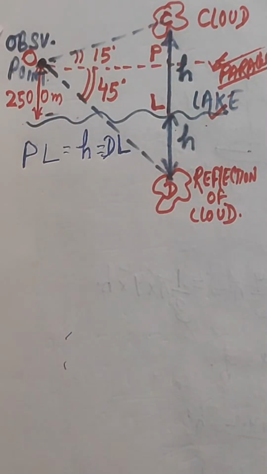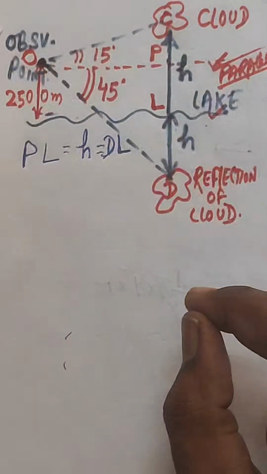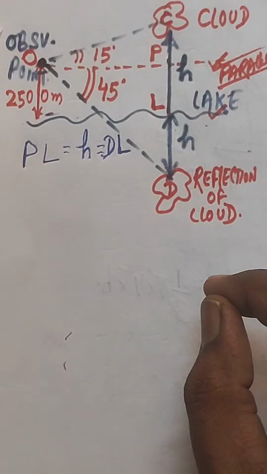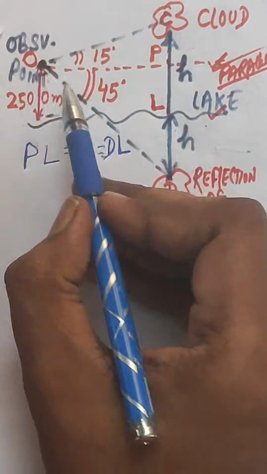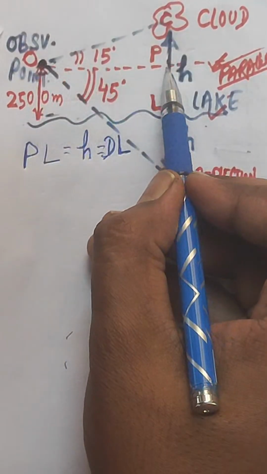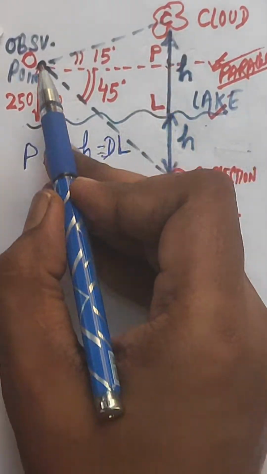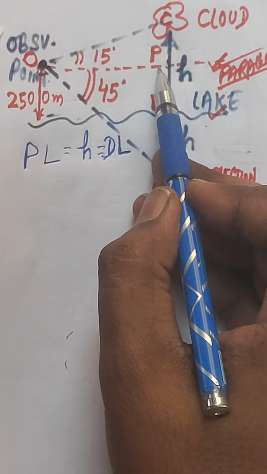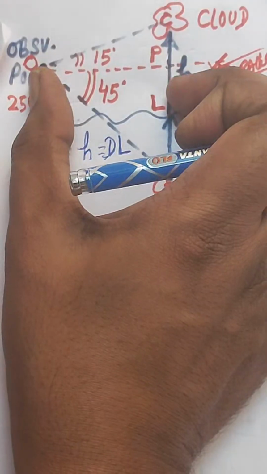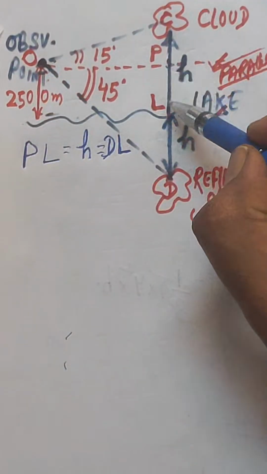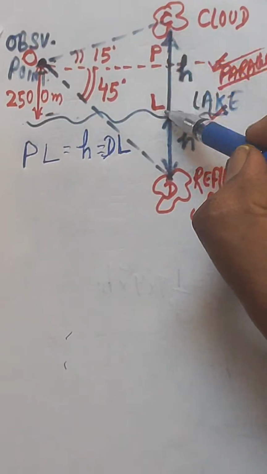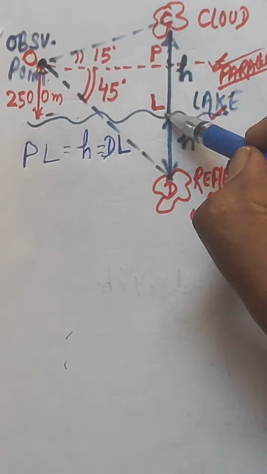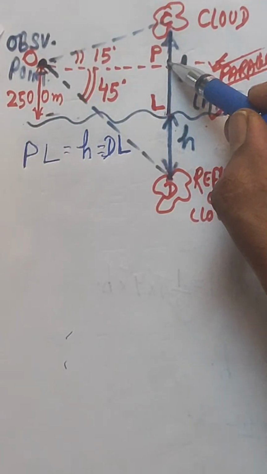Now the concept we will be using here is that OP is the distance between the point of observation and a point at a height of 2500 from the lake.